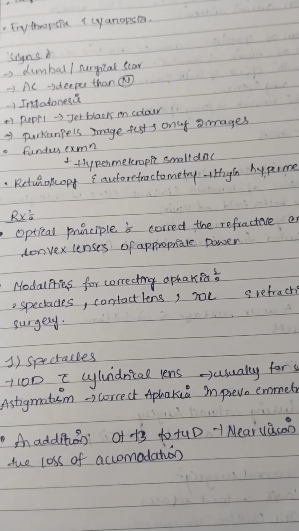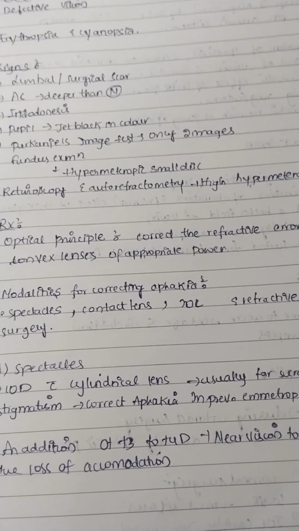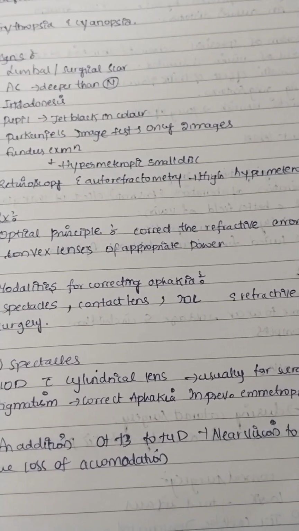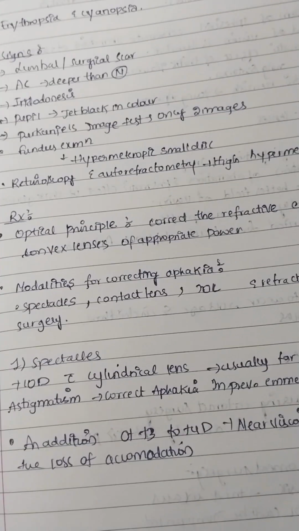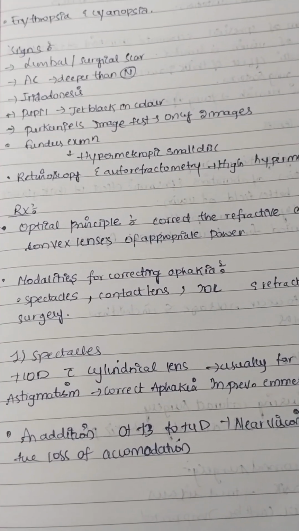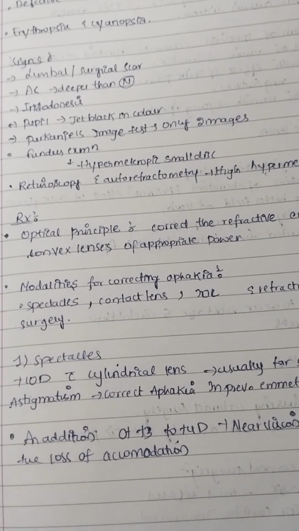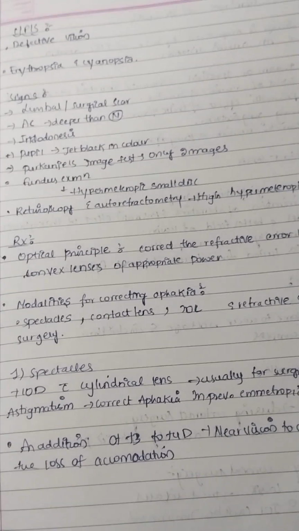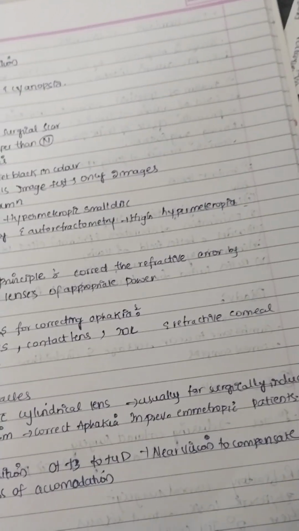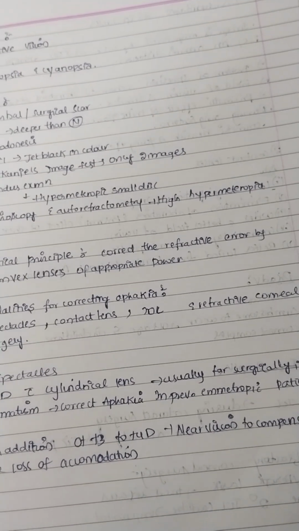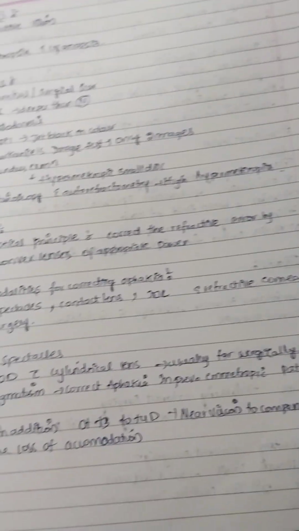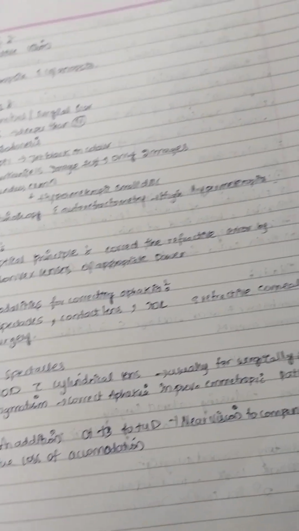Here you should use a plus 10 diopter lens to correct the aphakia, with a cylindrical lens for surgically induced astigmatism. In addition, 3 to 4 diopter is used for near vision to compensate the loss of accommodation.